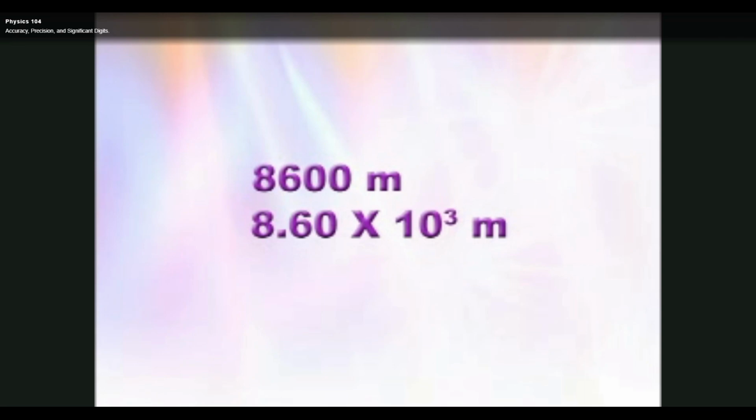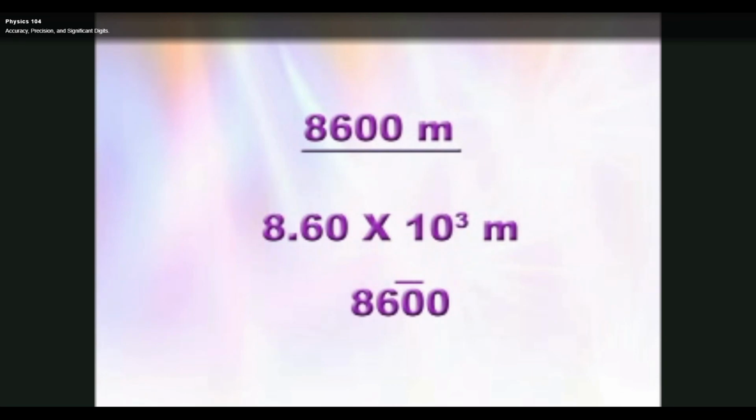Or you could use another physics trick: put a bar over the last significant zero. This tells us that there are 3 significant digits in our measurement. If the bar were over the second zero, there would be 4 significant digits. The only time you'll see the bar is in a number with no written decimal. They are not necessary after a decimal because it will be obvious whether the zero is significant or not.